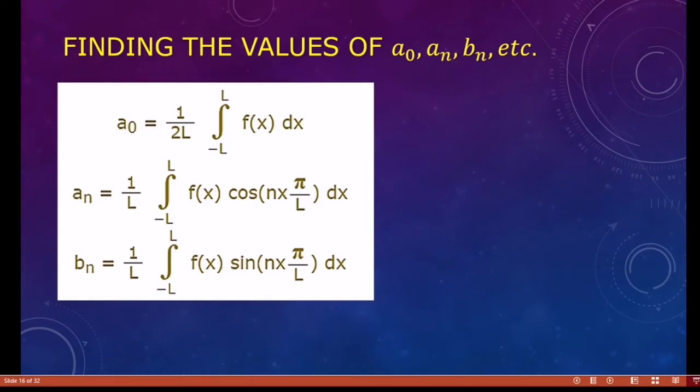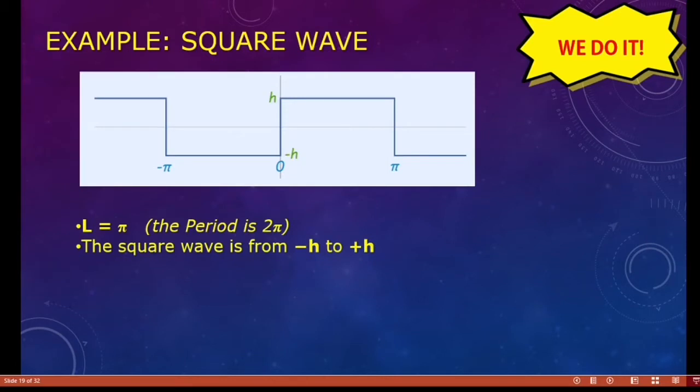Let's take our target function, multiply it by sine or cosine, and integrate or find the area. And do that for n equals 0, n equals 1, and so on. After we calculate all the coefficients, we put them into the series formula na sinabi ko kanina, or the Fourier series. Let's try to solve the function of square wave.